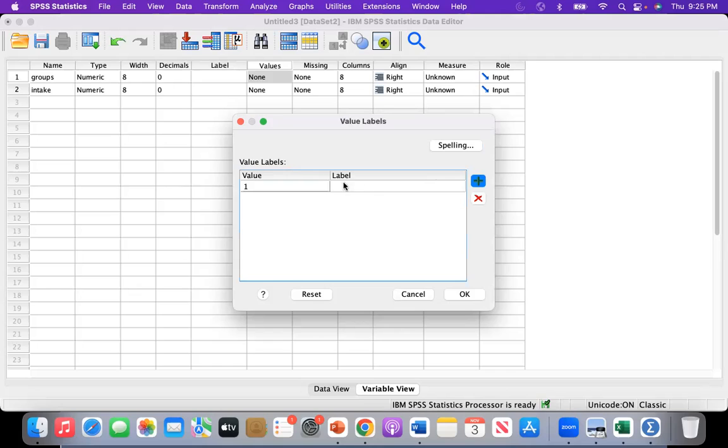And we're gonna enter 1, and our label is going to be Slowly, for the groups that are eating slowly. Then we're gonna add 2, and we're gonna say Fast, for the groups that ate fast. Then we're gonna say okay.